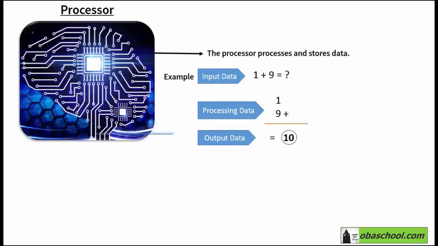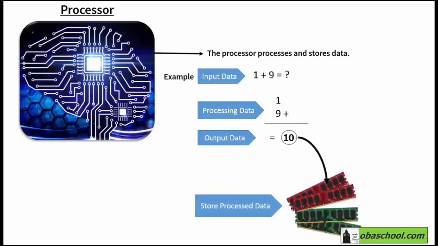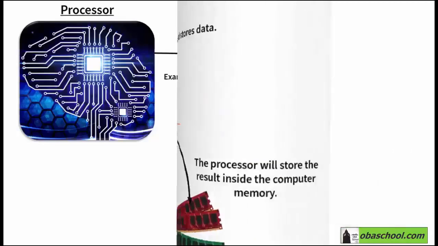It needs two elements. It needs the input and it gives you the output. And finally, the processed data will be stored. The processor will store the result inside the computer memory. Such results are always stored within the computer's memory that the computer uses later on within other tasks.